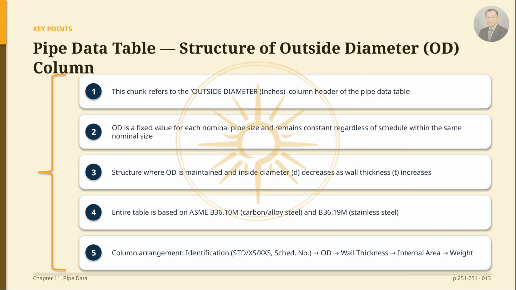By fixing the outside diameter, increasing the wall thickness T results in a decrease in the inside diameter D. The reference standards for the entire table are ASME B1.20.1 for carbon and alloy steel, and B1.36.19 for stainless steel. The columns are arranged in the order of identification, schedule number, outside diameter, wall thickness, transverse internal area, and weight.